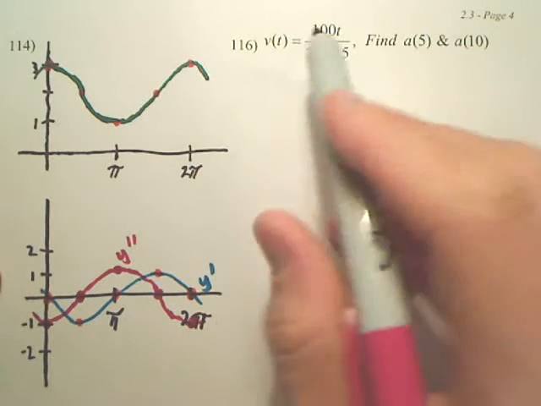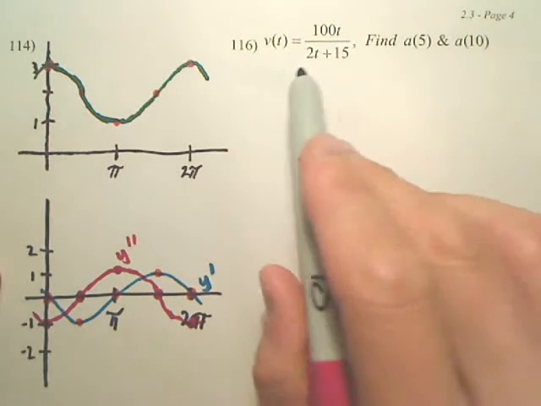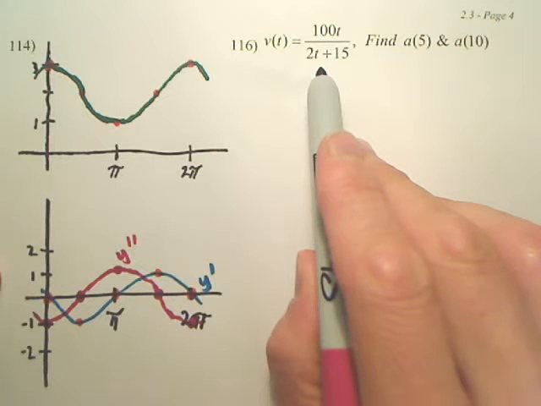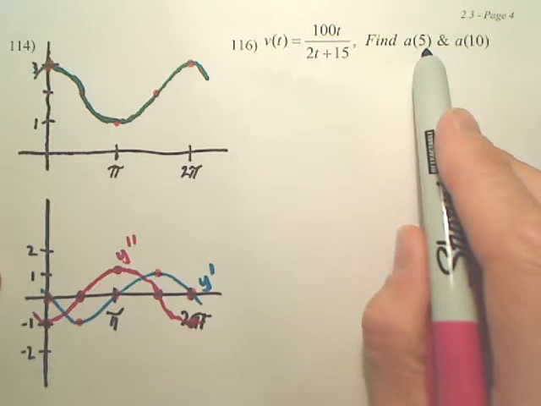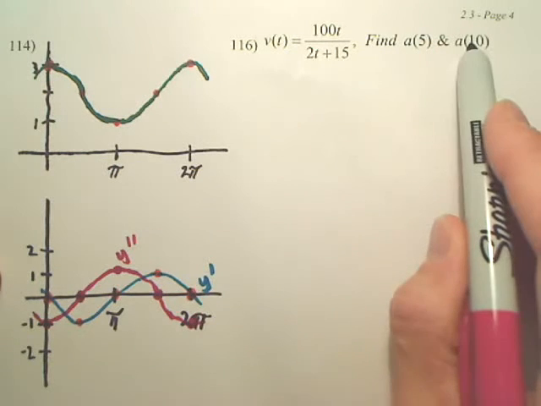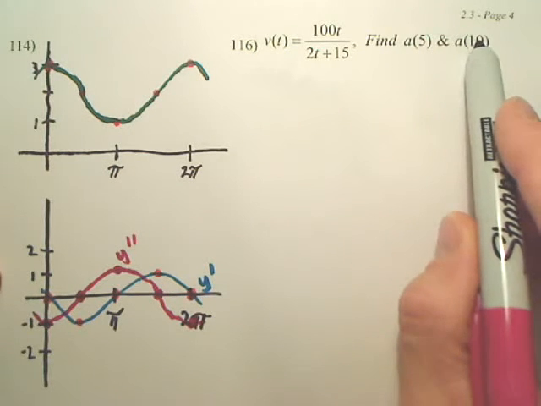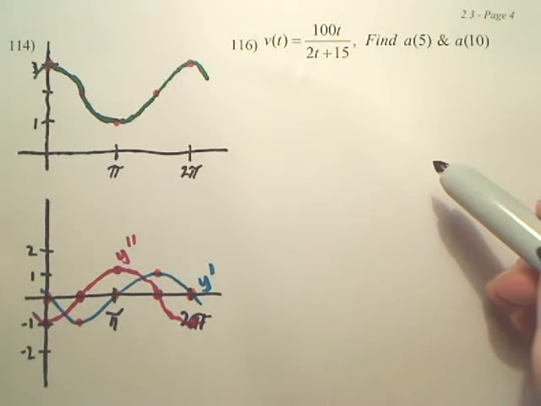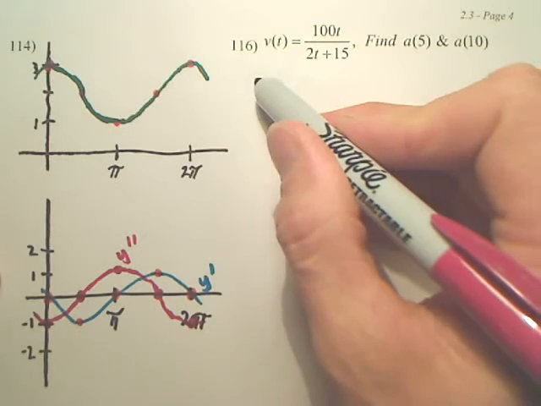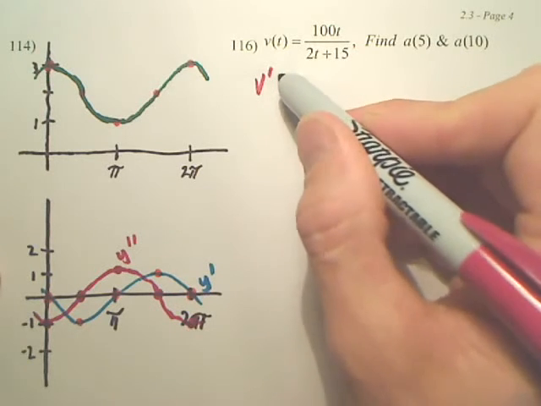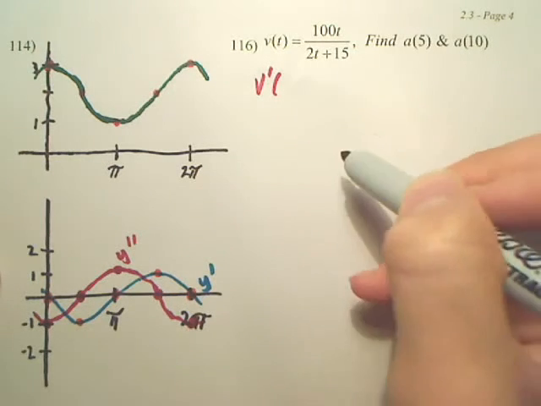Okay, for 116, you have the velocity function of some object moving. It wants a of 5, which is the acceleration at 5 seconds, minutes, whatever t stands for. It also wants the acceleration at 10. So basically, acceleration is the derivative of velocity. So all you're really doing is taking the derivative of velocity.